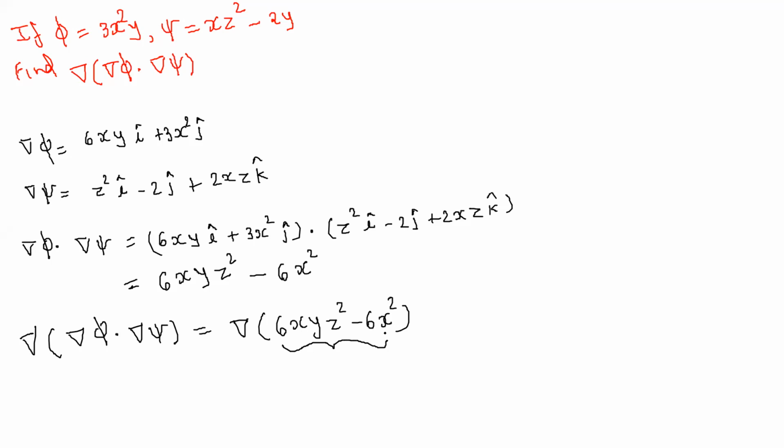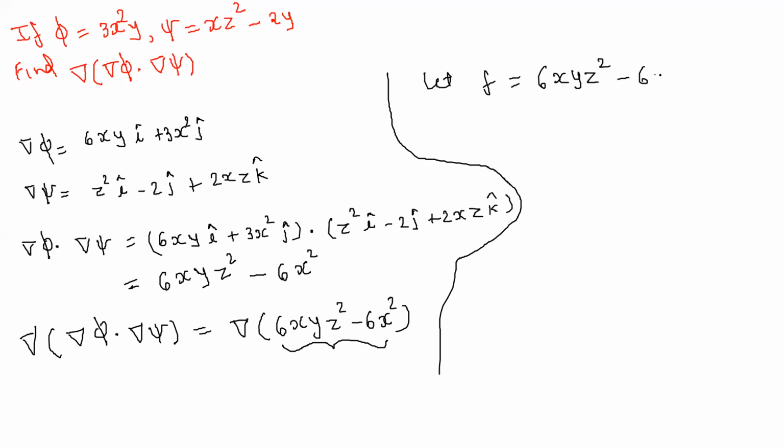Now this is your scalar function. Again you will write the formula, or you can also give a name. Phi and psi are already given, so you can say let f if you wish. Otherwise you can directly solve, but since you are having some queries, I'm writing f equal to 6xyz squared minus 6x squared.